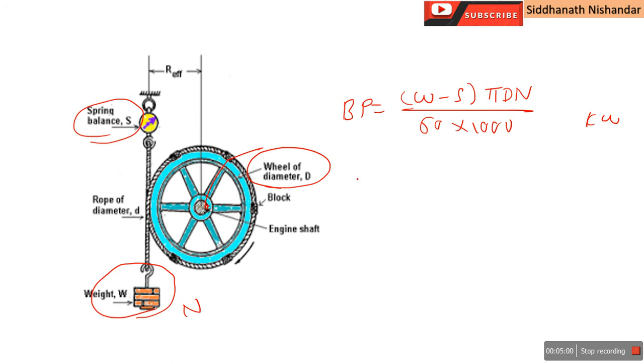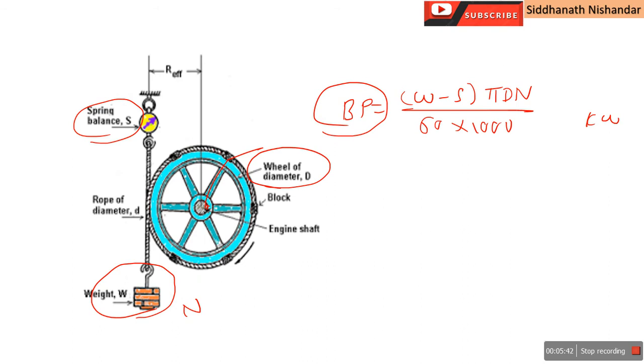If you are conducting an experiment in the lab, these are the parameters you can get from the mechanical rope brake dynamometer, and this is the brake power, the power available at the crankshaft. It differs from the indicated power. Brake power is always less than indicated power, because the power developed during combustion is not the same power we get as brake power. It is lost through various friction losses: pump losses due to suction and exhaust, mechanical losses in bearings, and resistance of air to flywheel rotation.